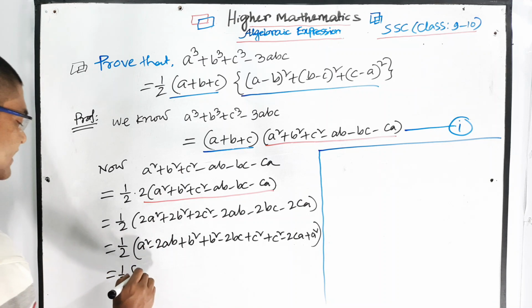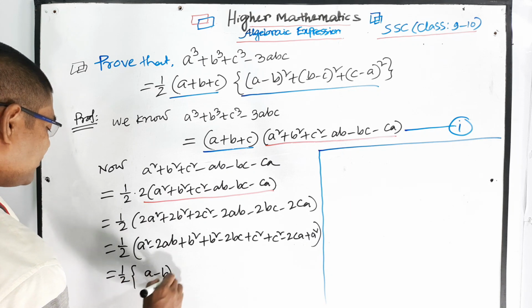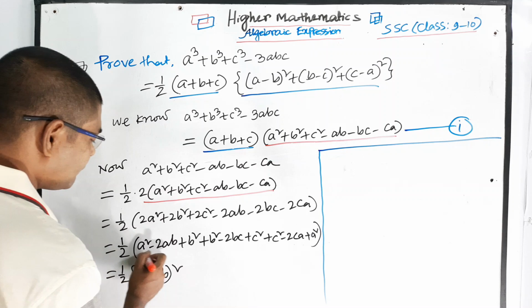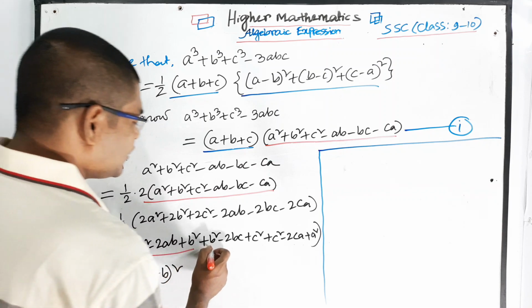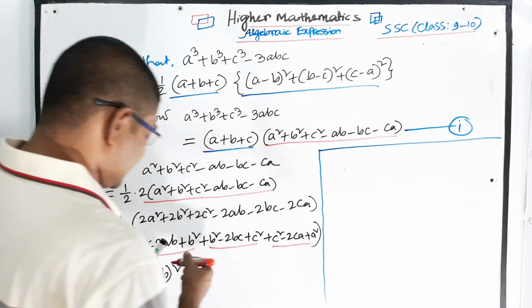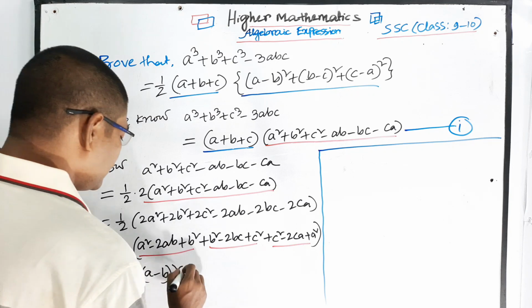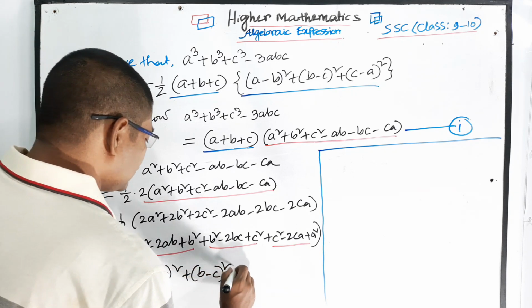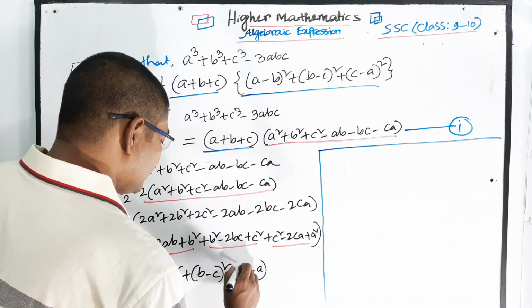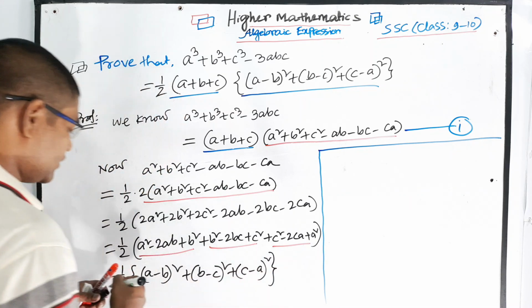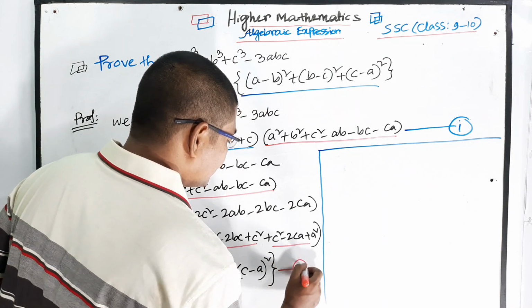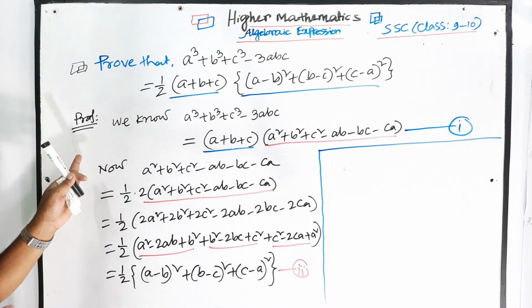So we will get, second bracket started, (a minus b) whole square, why up to this, (a minus b) whole square, (b minus c) whole square, (c minus a) whole square. This is number 2.